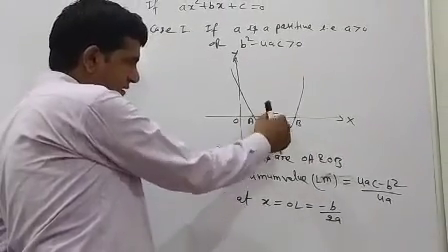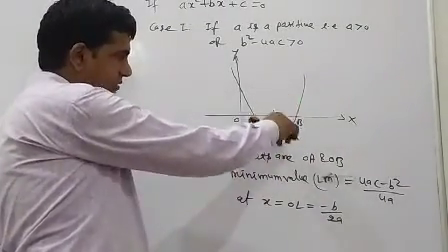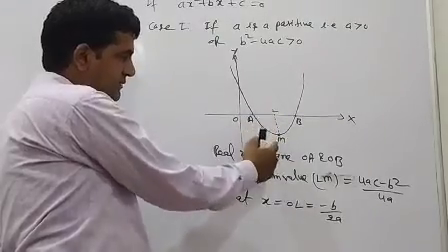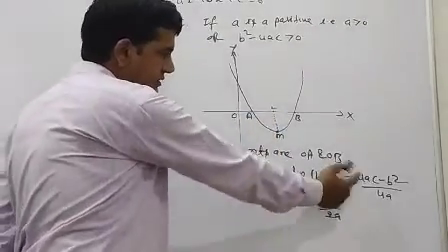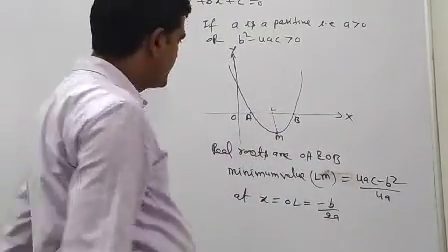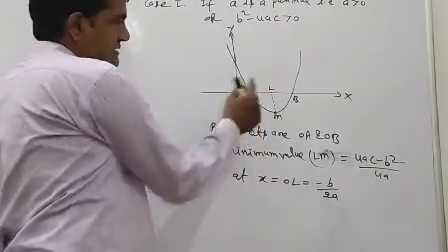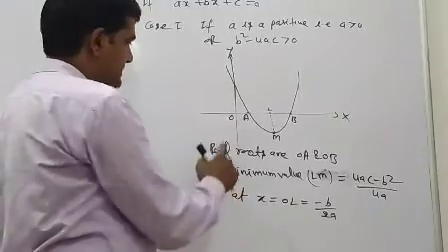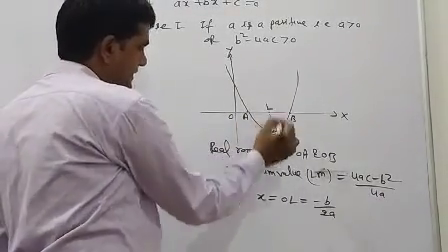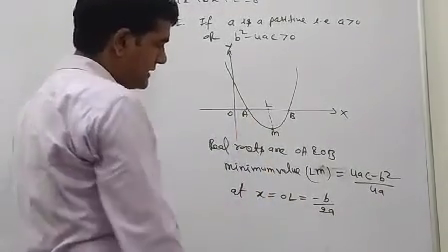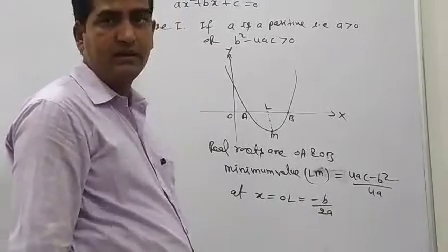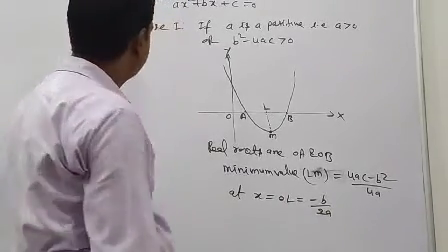And LM is the minimum value. Minimum is downside here, a negative value will come here. LM is the minimum value, that is 4ac minus b square upon 4a. And at x is equal to OL, here is the point on the x-axis, that is OL, and OL is equal to what? Minus b upon 2a. Any doubt? Very good.